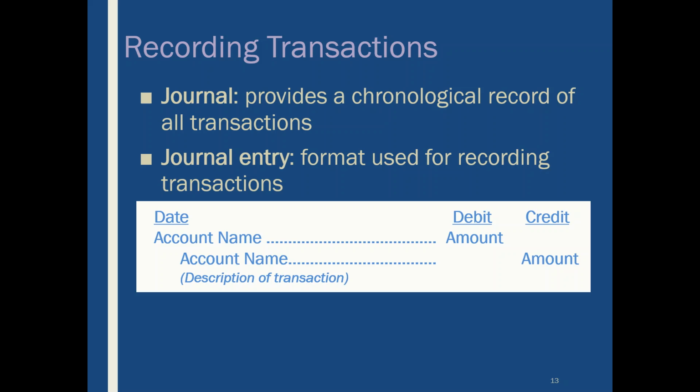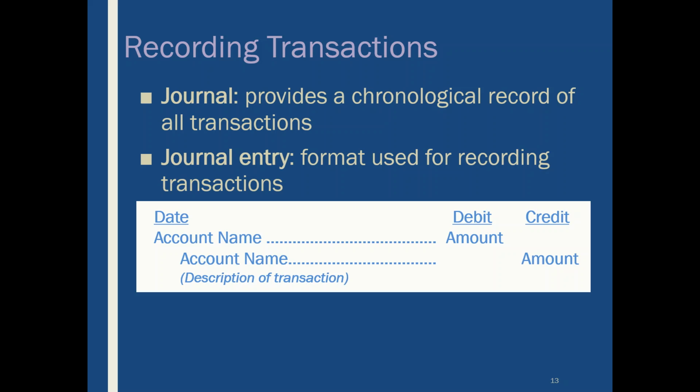Let's just call it equipment for now. $75,000. And we put that under the debit because we're increasing our asset. Got that? Okay, remember we paid cash, so the next account name for us would be cash, and we would credit or decrease our asset by that same $75,000.